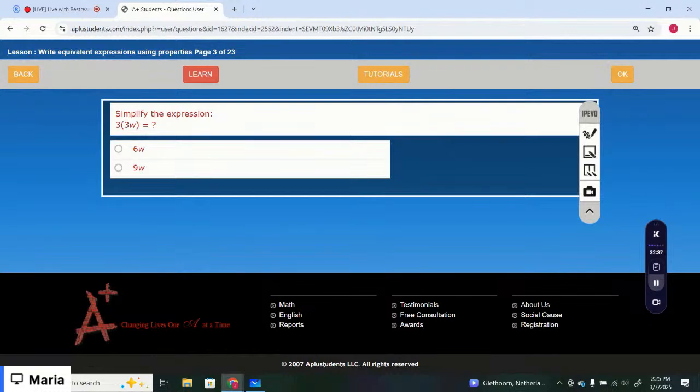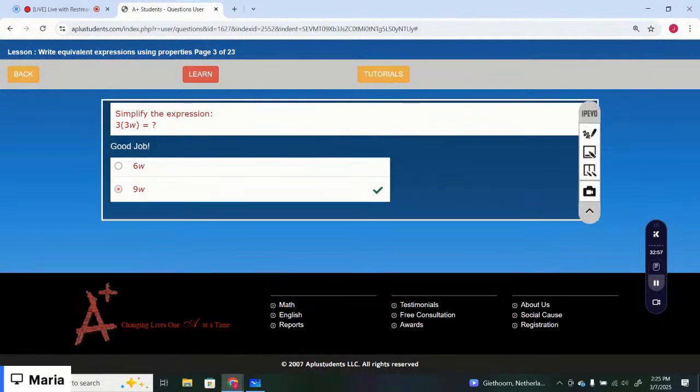Simplify the expression 3 times 3W. 3 times 3 is 9W. Option number 2 is the correct option.